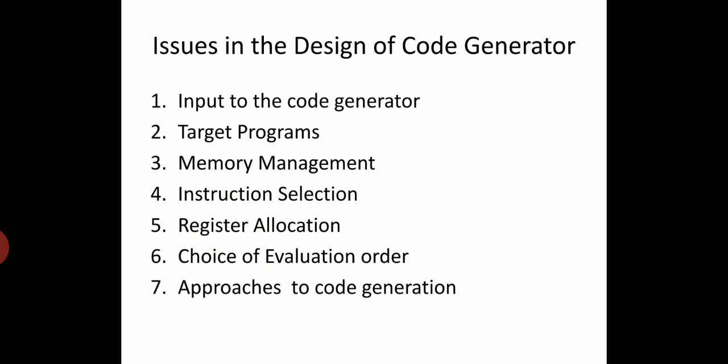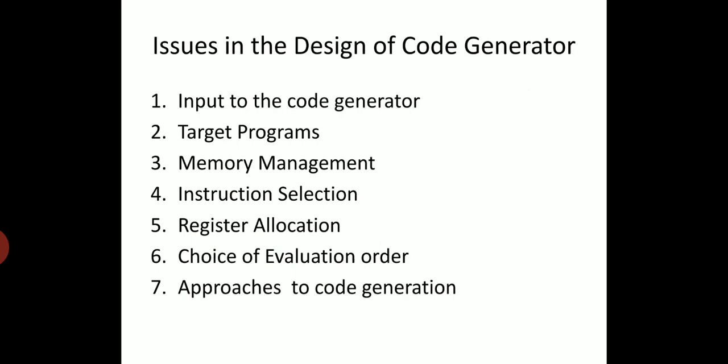First topic under code generation is issues in the design of code generator, which deals with the issues that we will be facing during the design of code generation. So the 7 issues are input to the code generator, that means the issue regarding the input taken by the code generator. Second is the issue regarding the target program created by the code generator. Third point is due to the issues in memory management of the names specified in intermediate representation.